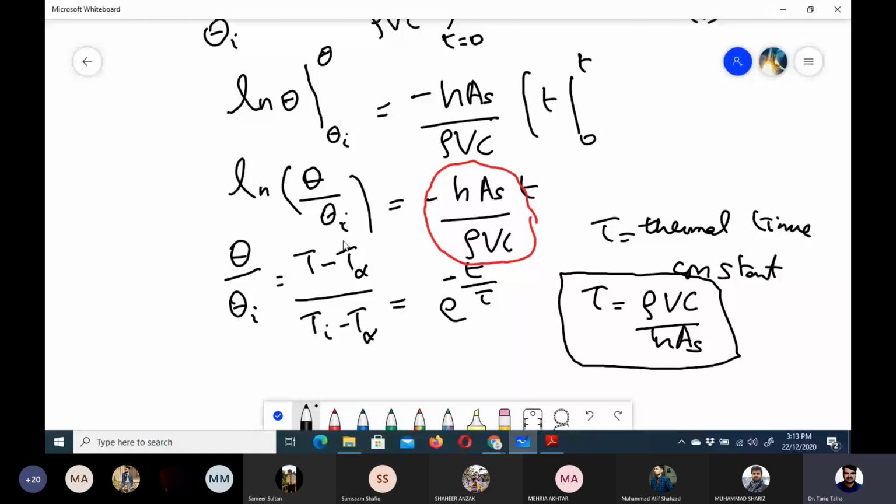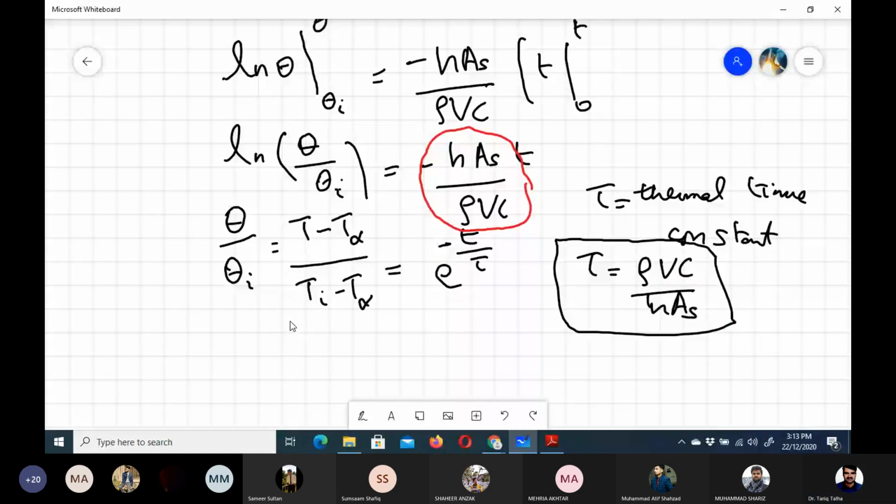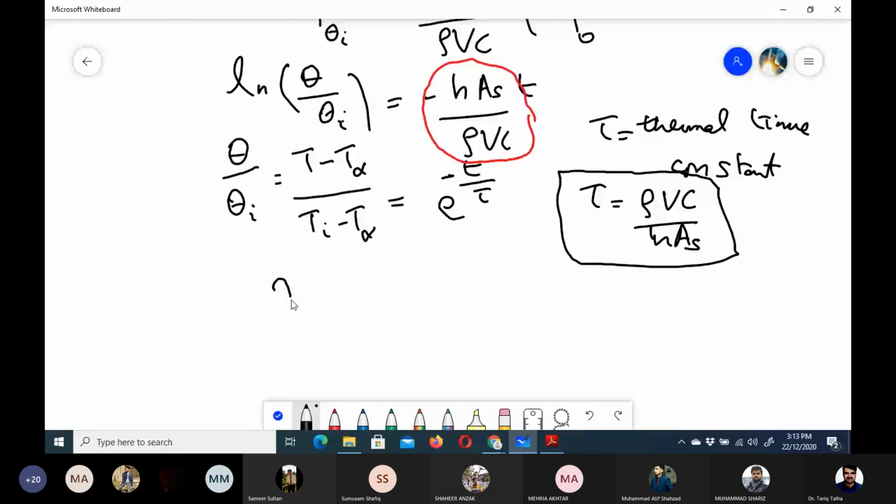And the second thing, if we want to calculate how much this fluid has been cooled after a certain time, then we can write theta would be equal to theta I e to power minus t upon tau. And if we write it in terms of temperature, then T minus T infinity is equal to T I minus T infinity into e to power minus t upon tau.